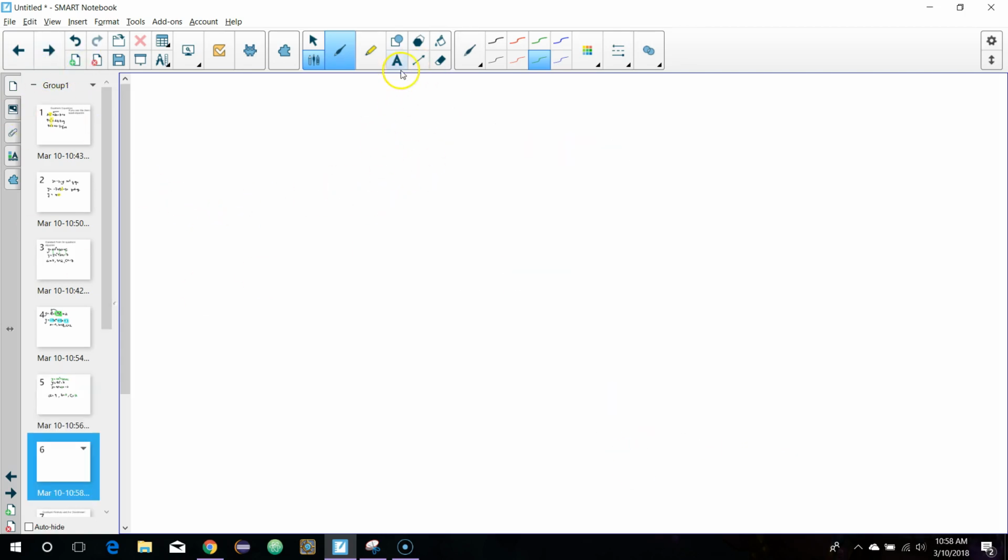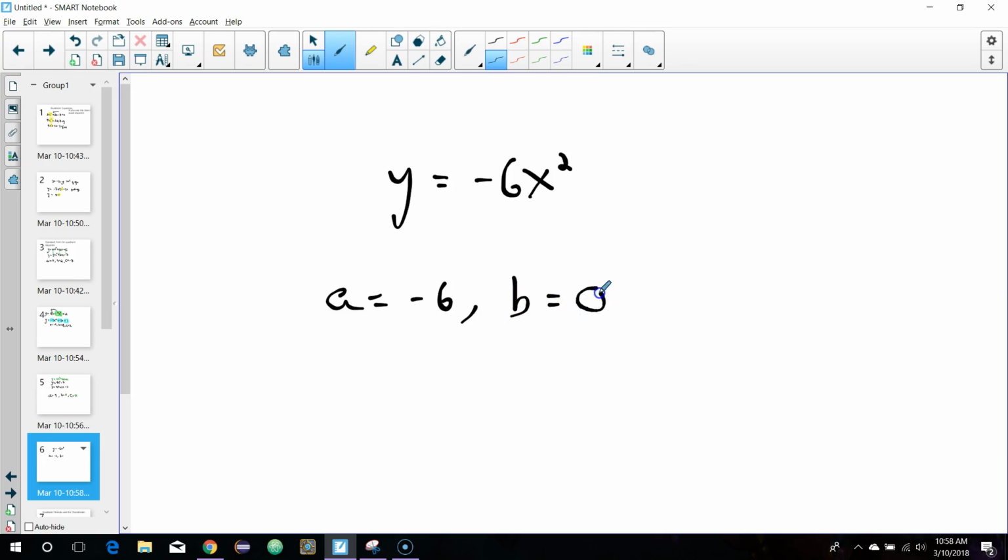So this time I'm just going to say y is equal to -6x squared. Is this in standard form? Yes, it is, because it's an x squared. So a is equal to, hopefully by now you can see it, this number, -6. I do not have b, I do not have c. Don't worry about it. We are just going to fill all of those with zeros.